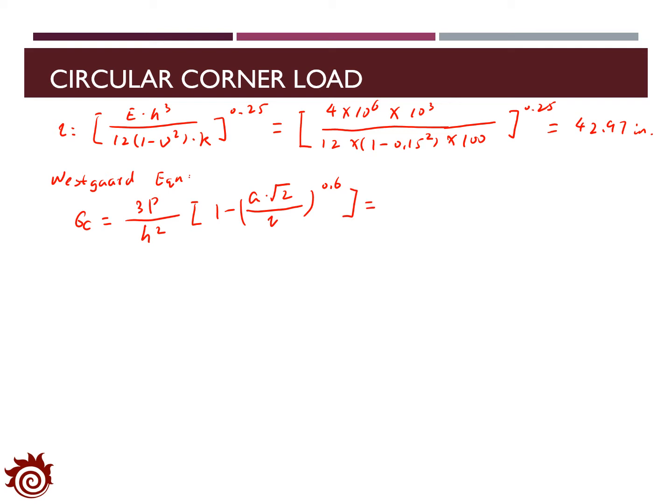In this case, we have the load as 10,000 divided by h squared, h is 10, times 1 minus a, which is 6 inches, divided by L, which is 42.97, to the power 0.6.